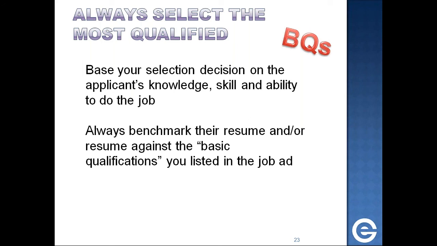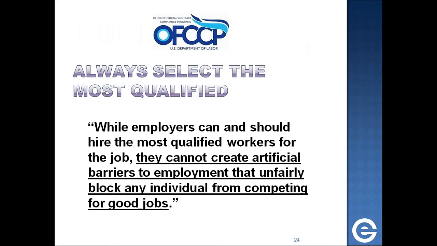So you base your selection decision on the applicant's knowledge, skill, and ability to do the job. And then you're benchmarking their resume against your own basic qualifications. So that's why you want to go back to an updated job description, make sure your job ad has those basic qualifications. If they are not something that they must have, then they are not a basic qualification.